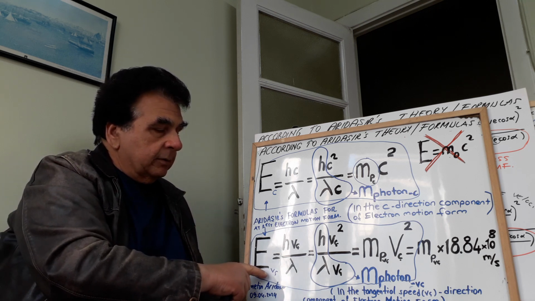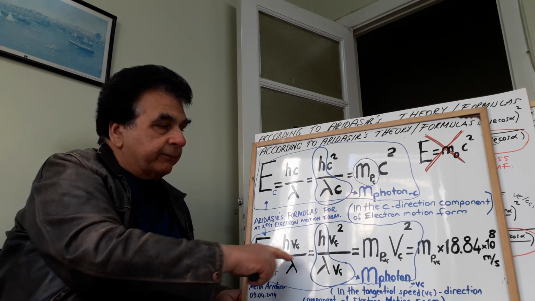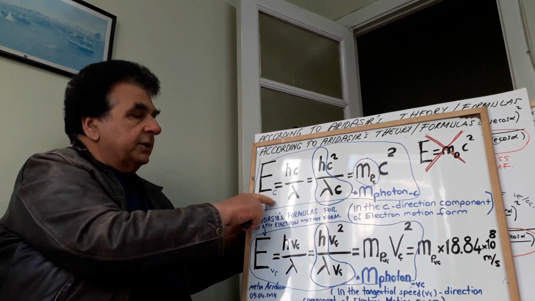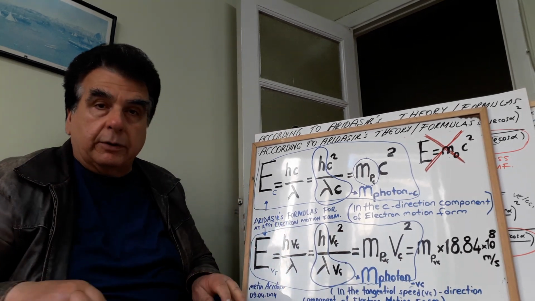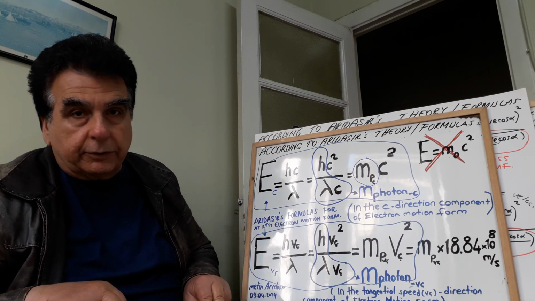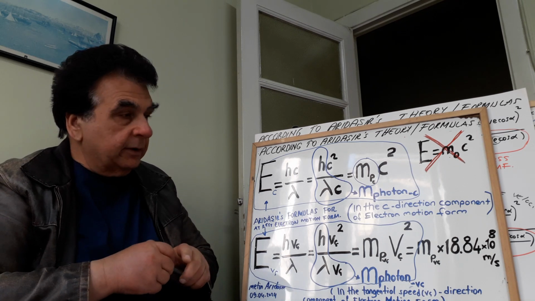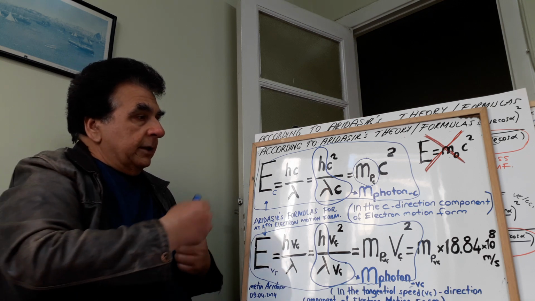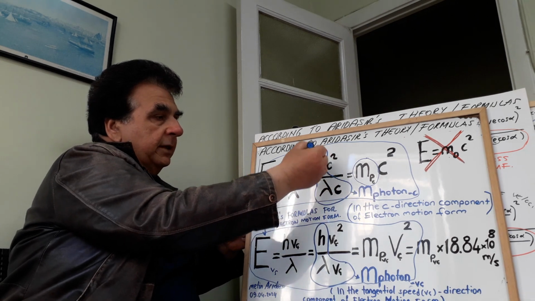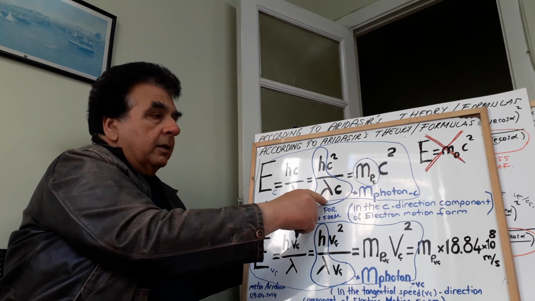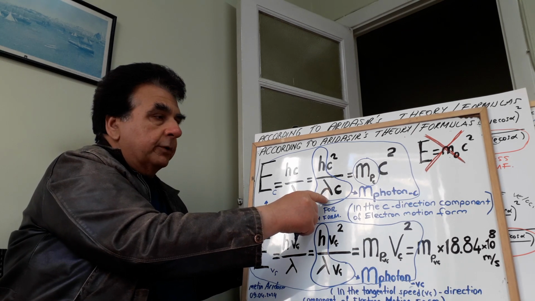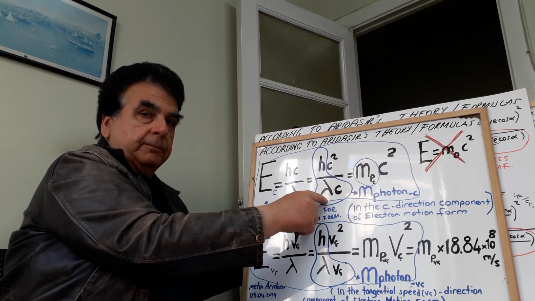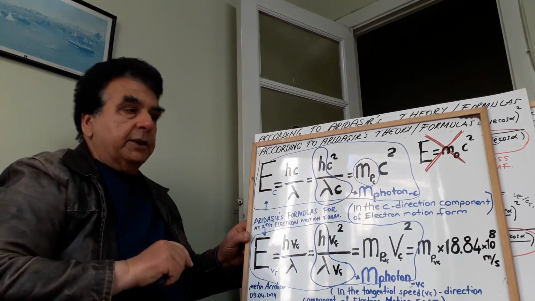Tangential speed component energy formula, energy formula of a photon on electron motion form. And this is my massive photon mass formula in the speed of light direction.